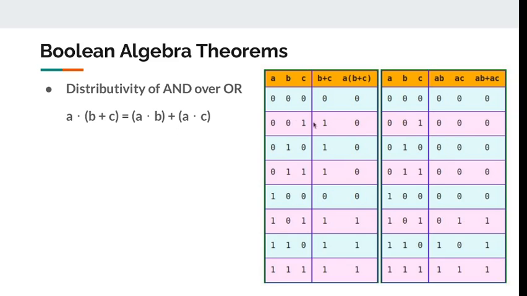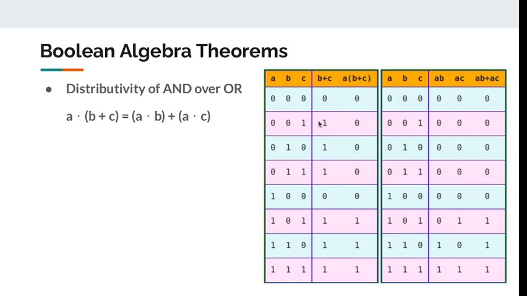Let's check this with a truth table. So this is the exhaustion proof. We have A, B, and C, and B or C. So 0 or 0 is 0, 0 or 1 is 1, 1 or 0 is 1, 1 or 1 is 1, and again for the second half, 0, 1, 1, 1.